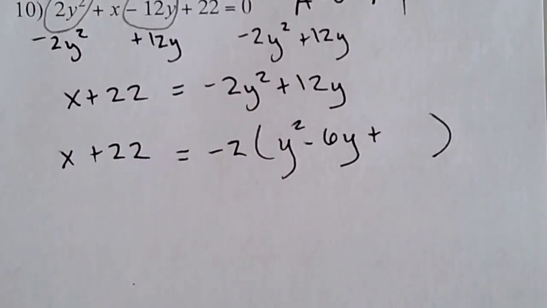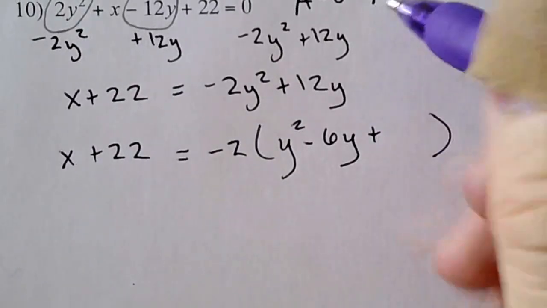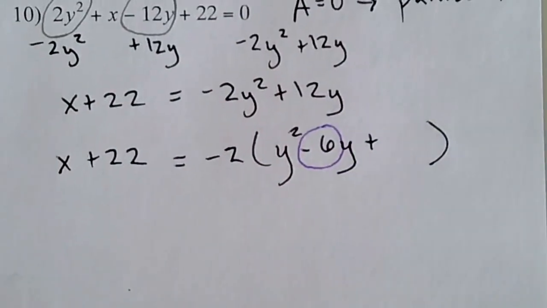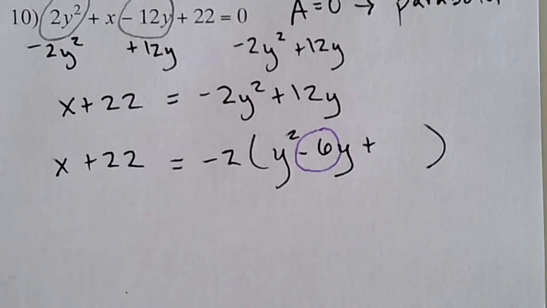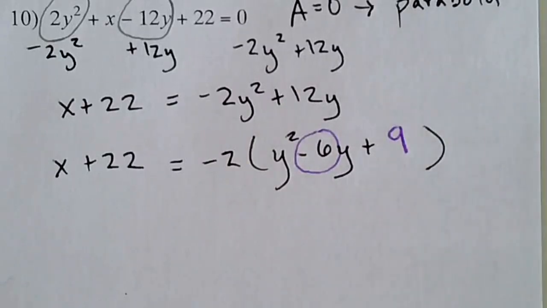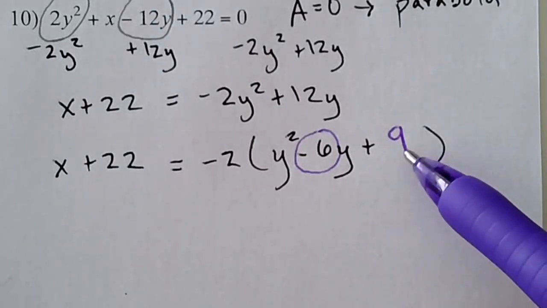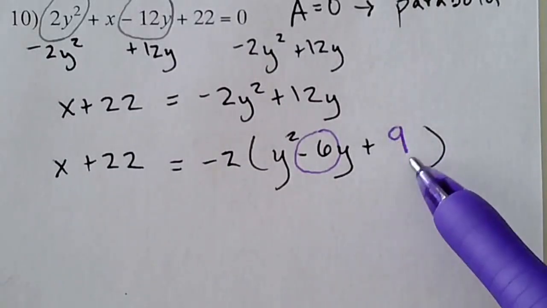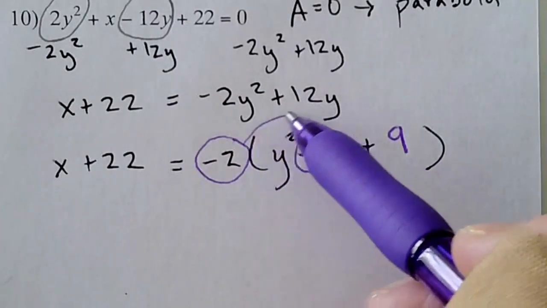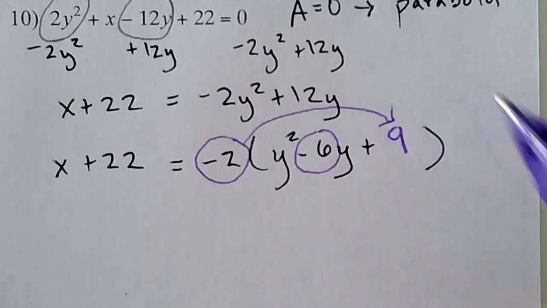So what is the b that we cut in half and square? Right here. -6 divided by 2 is -3. Square it: 9. Because that right there is what goes there, we essentially put a 9 there, but we added -2 times 9, which is actually a negative number.